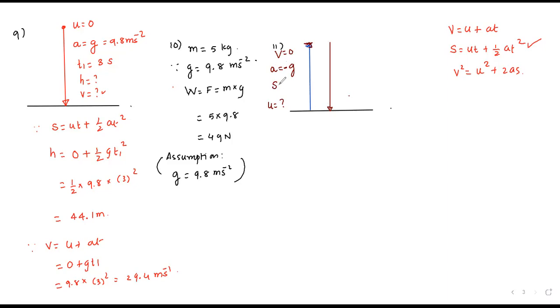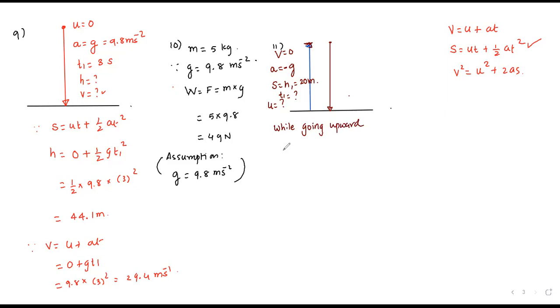And displacement is H1, which is equal to 20 meter. Now time we want to find. What is time T1? This is the first thing. In second part, while coming downward; this is while going up. So first of all, we'll start with while going upward.